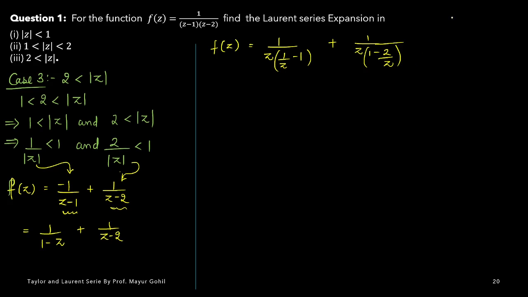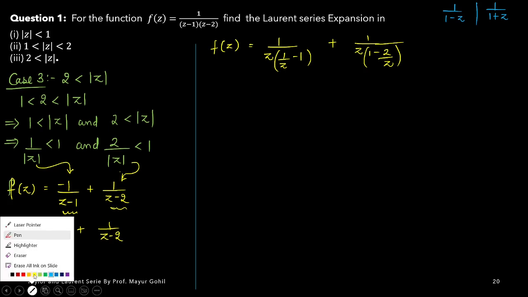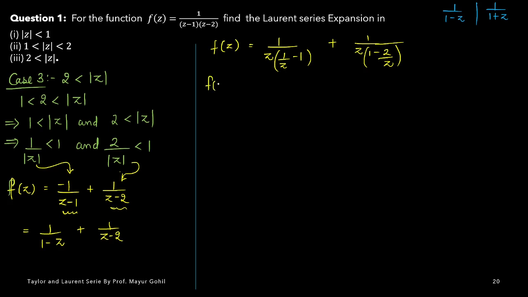Okay. Now remember the format of the expansion for the two functions that we had seen as a very important function was 1 upon 1 minus z, or it was 1 upon 1 plus z. So try to write them in that format. So that format I can get here when I say f of z can be written as 1 upon z into 1 minus 1 upon z.